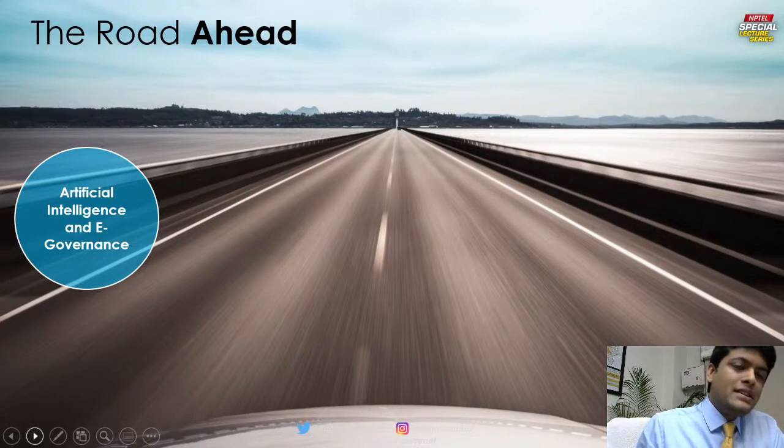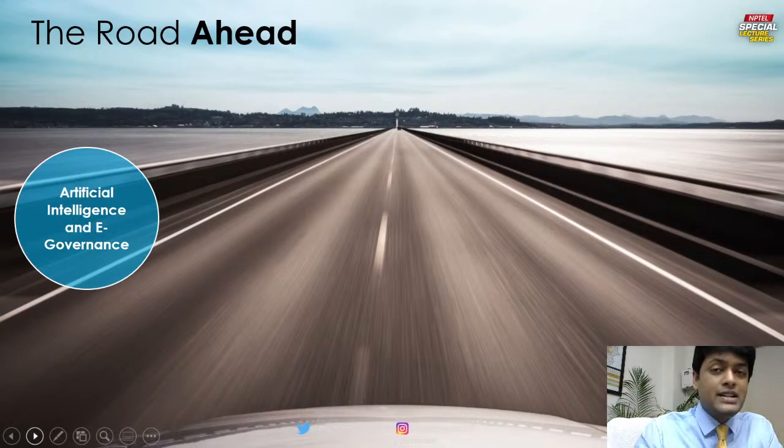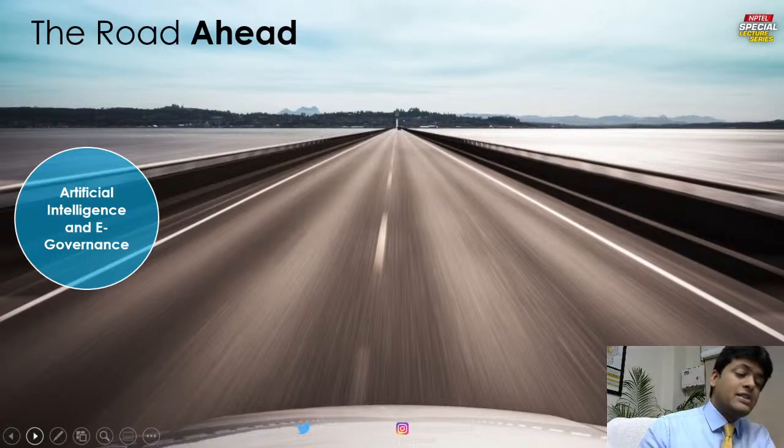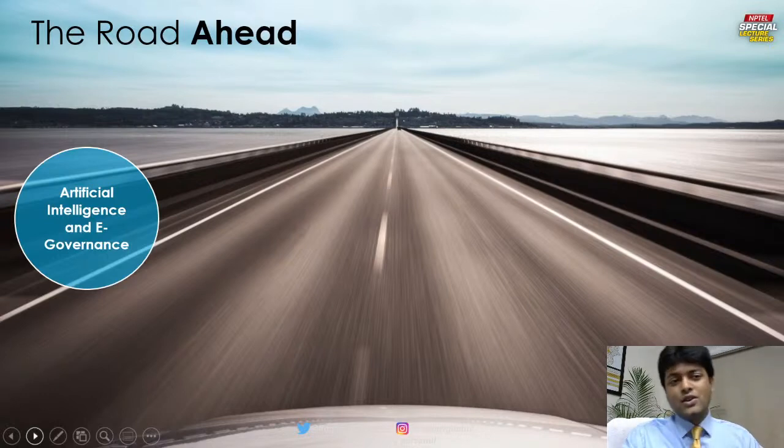This essentially means using technology-driven solutions to enhance various fields such as tax monitoring, revenue forecasting, intelligence gathering, and more importantly, service delivery to taxpayers, which includes refunds, grievance redressal, note rectifications, faceless assessment, faceless appeals, etc. All of these are actual components of artificial intelligence and e-governance in play.